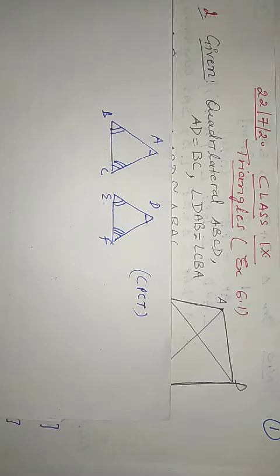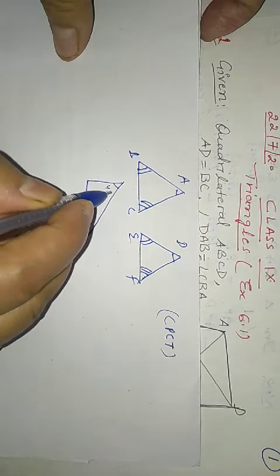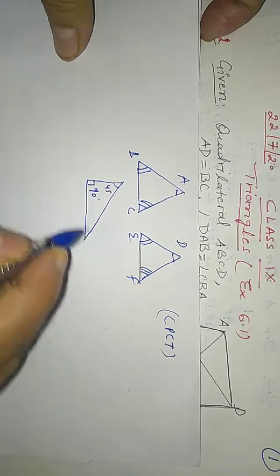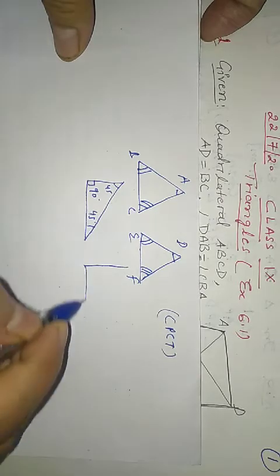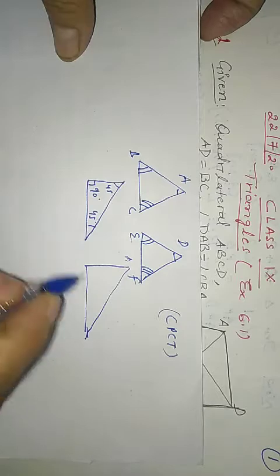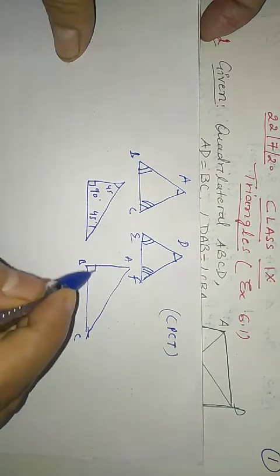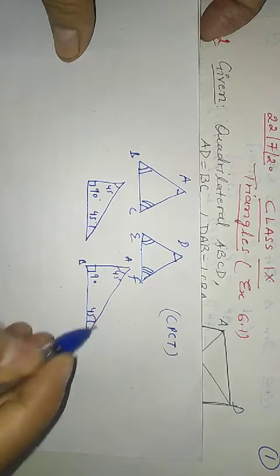Is the converse true? Suppose we have one triangle with angles 45 degrees, 90 degrees and 45 degrees, and we take one more triangle like this. You can see the size is not the same. This one is 90, this one is 45, this one is 45.